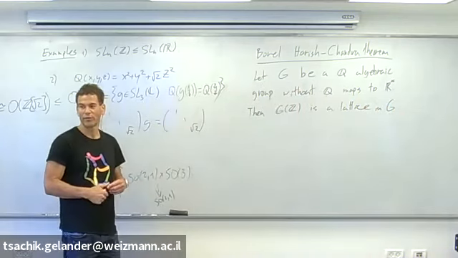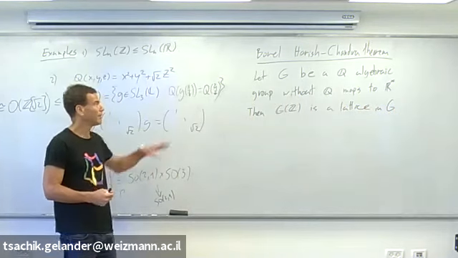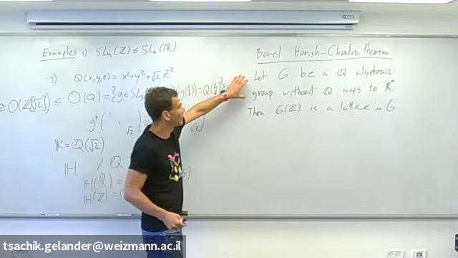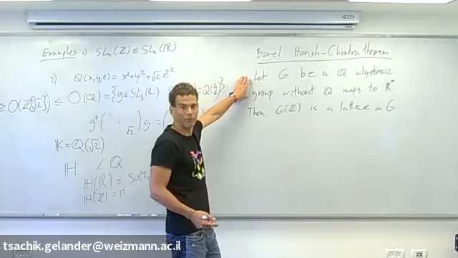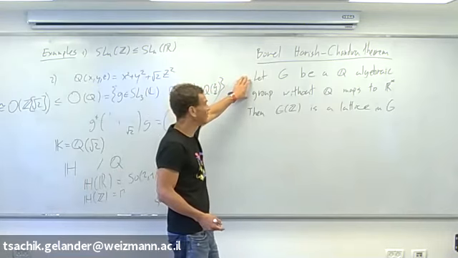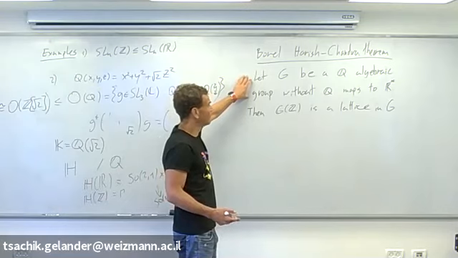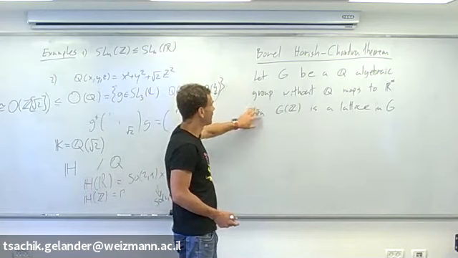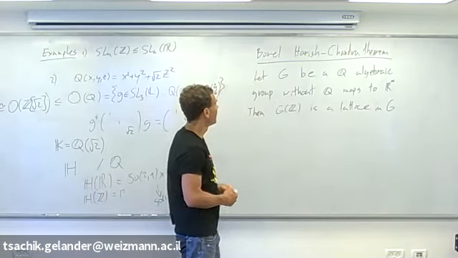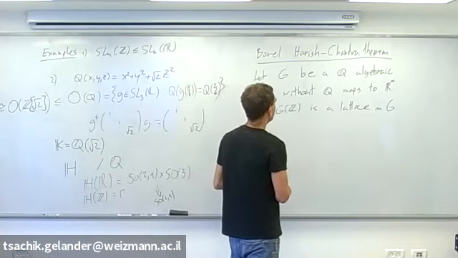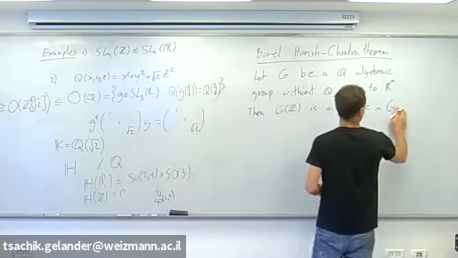That's the Borel-Harish-Chandra theorem. Under this very weak assumption, which is necessary, that you don't have rational maps onto the multiplicative real group, G(Z) is a lattice in G(R).